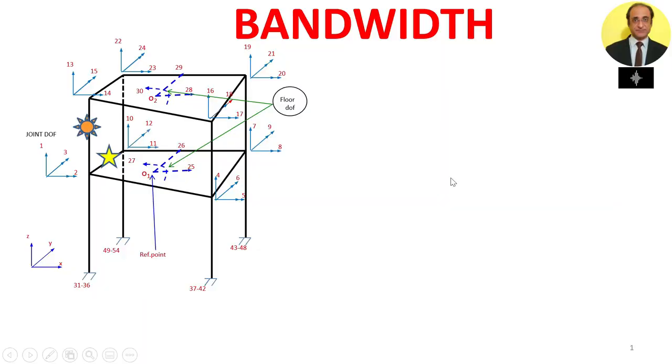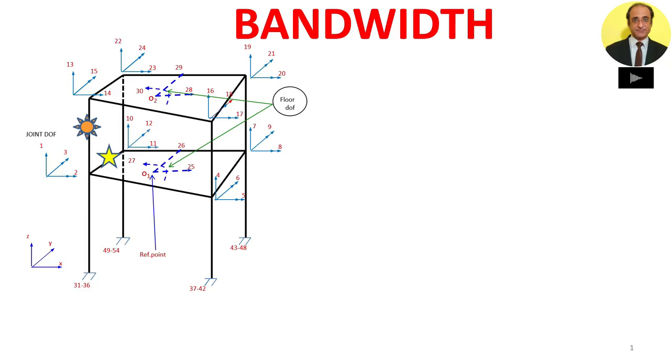So far we have learnt in detail the direct stiffness approach as applied to structures having prominent effect of the floor slab. In the last few lectures we have learned how to assemble the total structural stiffness matrix also.